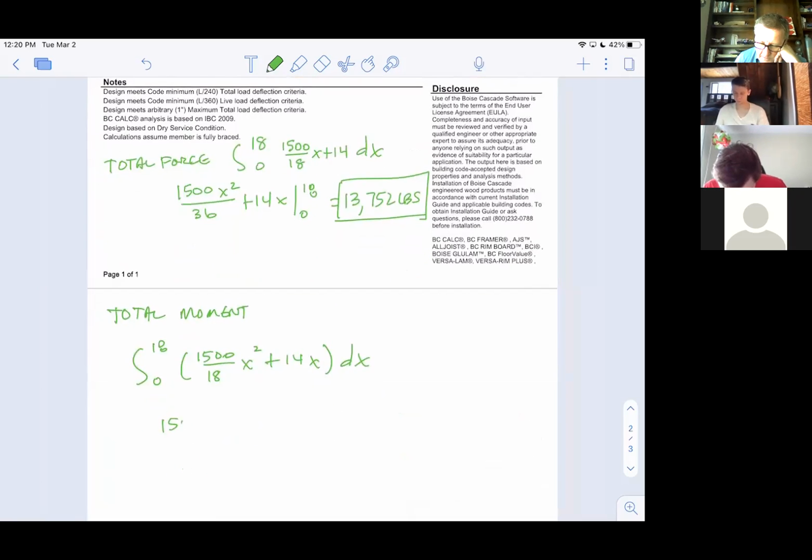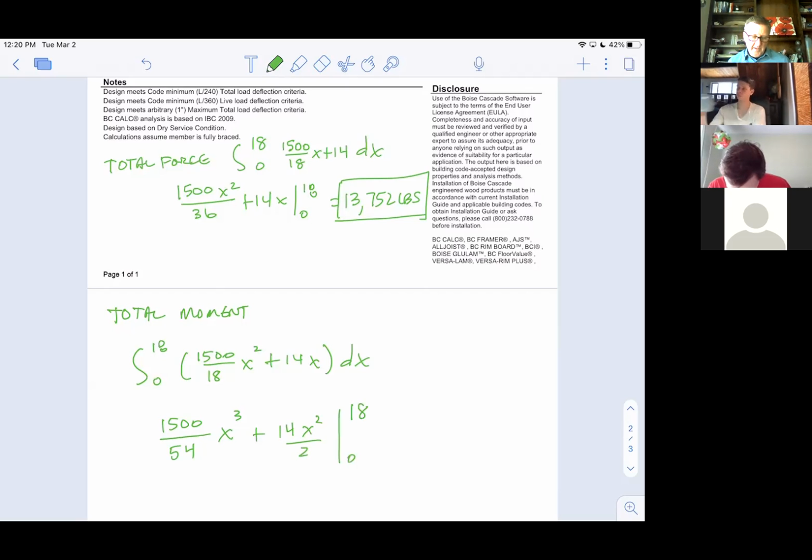So that'd be 1,500 over x cubed, and 18 times 3 is 54. And this would be 14x squared over 2, which would actually be 7x squared, but I'll go ahead and write it like that. Oops. And now I can evaluate that at 18 and at 0.